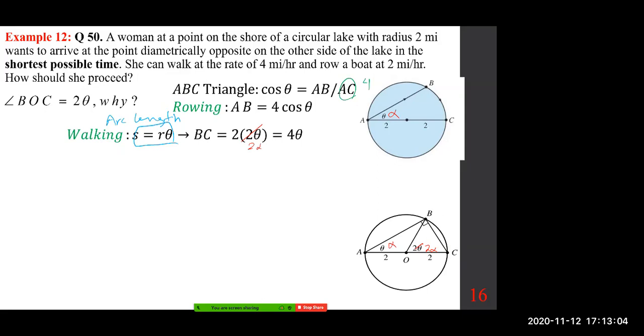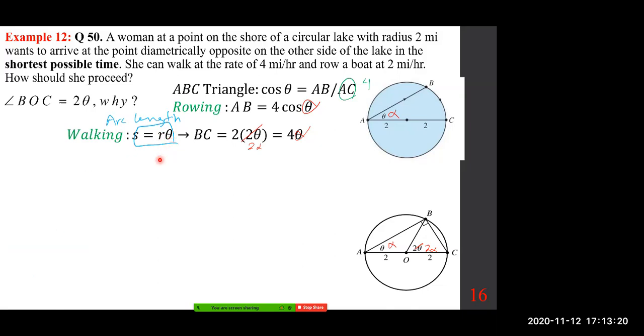In that case, all of this becomes alpha, because I want to make sure that you understand this theta, this theta that is referring to the central angle, is not the same.